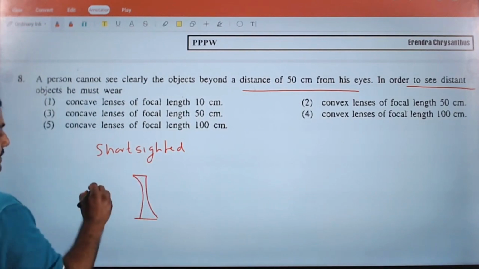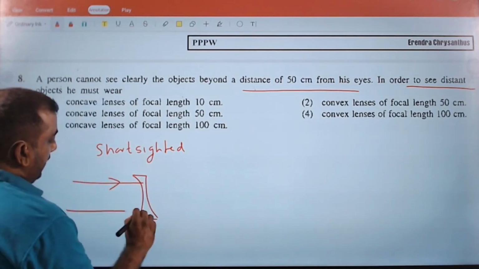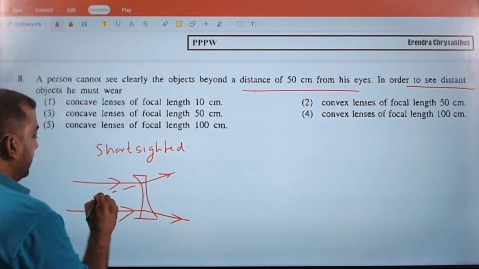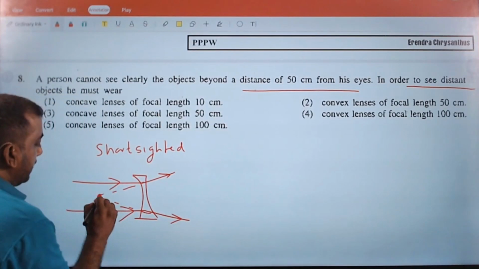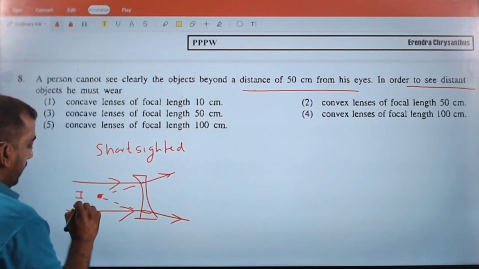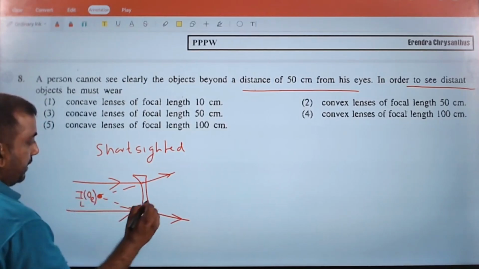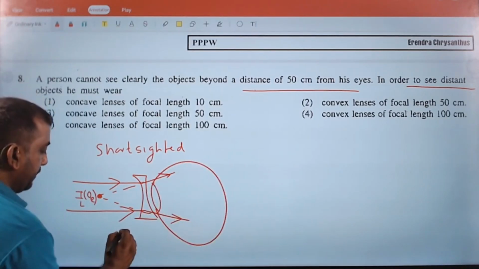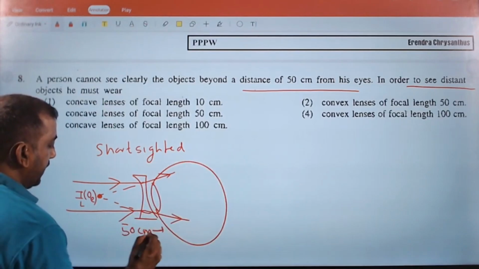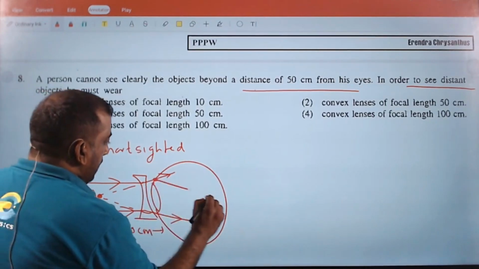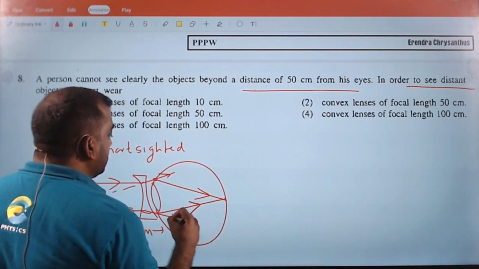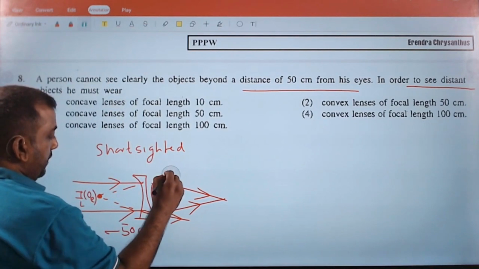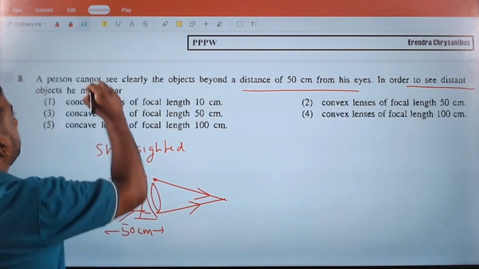A concave lens. Light rays coming from infinity must form the image where his eye can see. The image of the lens is the object for the eye, and the eye is close by, 50 centimeters from the eye. Light rays from there will converge on the retina.